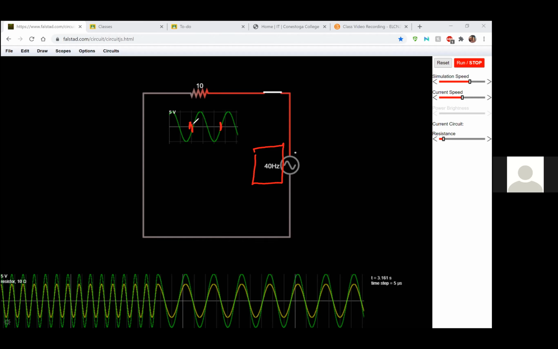In other words, how many milliseconds we have from that point to that point. Please determine the period in milliseconds. Remember that frequency is equal to 1 divided by period. So now I want you to determine T in milliseconds. So go ahead, I'll give you a minute. And please post the answers right here.